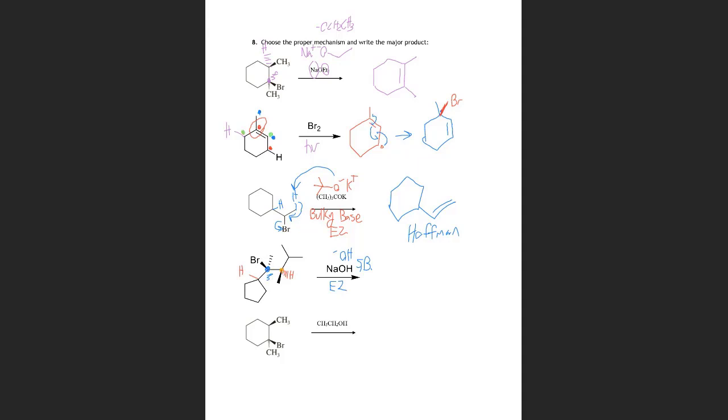Both of these do have two substituents. However, being on the ring is not going to be that great because this is a unique bond angle. And then furthermore, I believe that since this carbon has more inductive effects, we're going this way for our Zaitsev product. This one's tough.